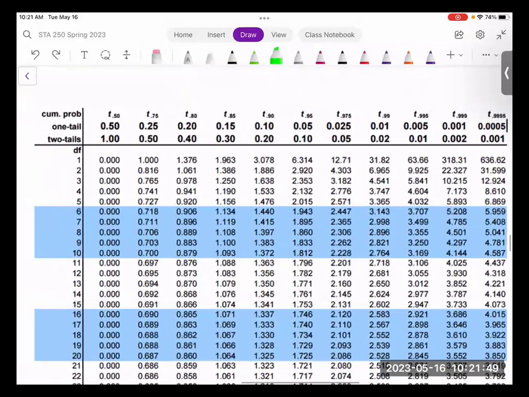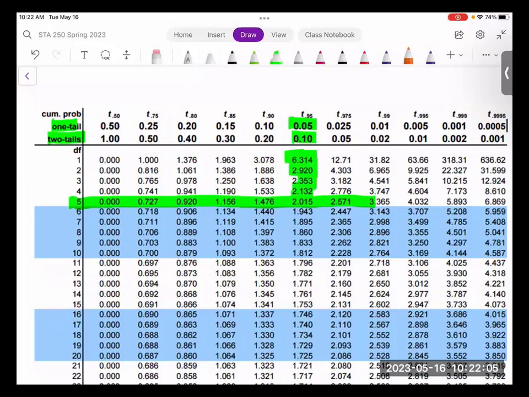So degree of freedom is 5, so you are in this line. If you are looking for two tails, you're going to be in 0.1. If you are in one tail, you're going to be in 0.05. So this is going to be the column, and you are here, 2.015.